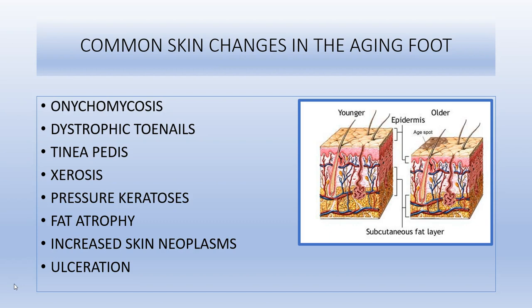Tinea pedis and skin cirrhosis commonly present in the geriatric patient, and here again, these can be predisposing factors to rather significant pathology, infections, ulceration, and even limb loss.